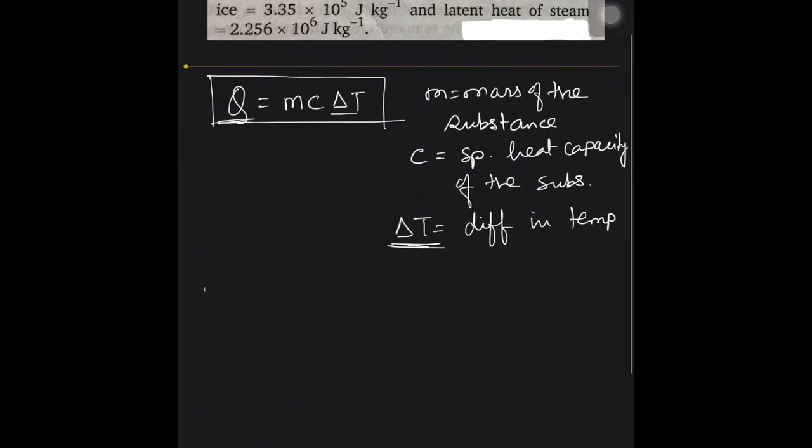But during phase change, all of us know that there is no rise in temperature. So here, how will you calculate the heat given or heat taken by the substance?